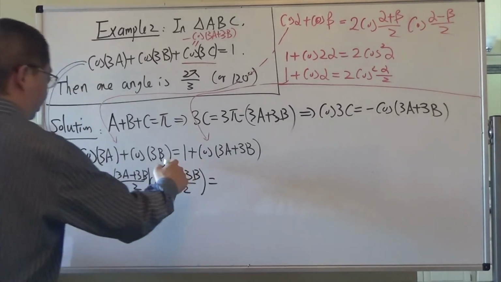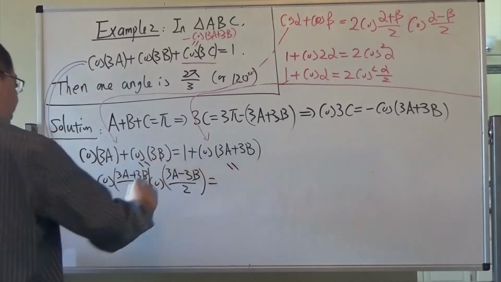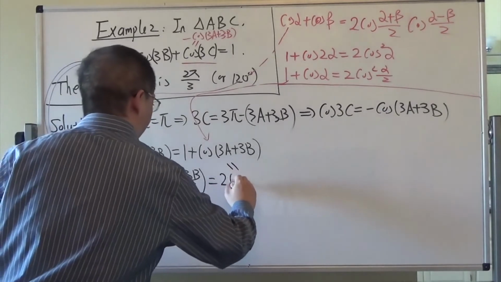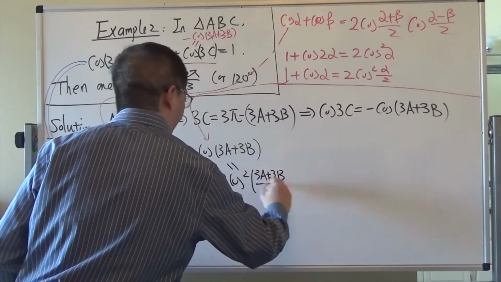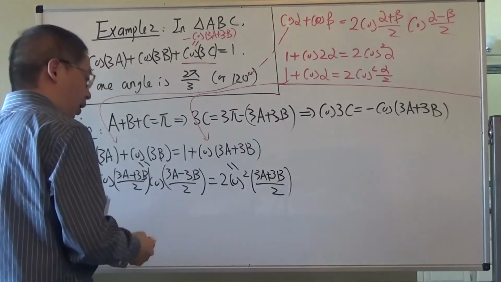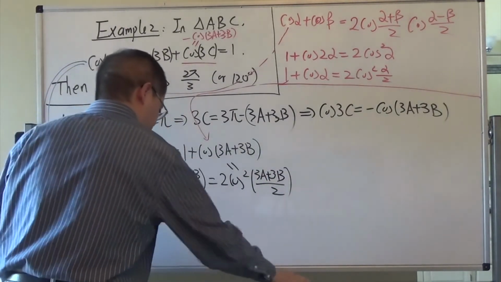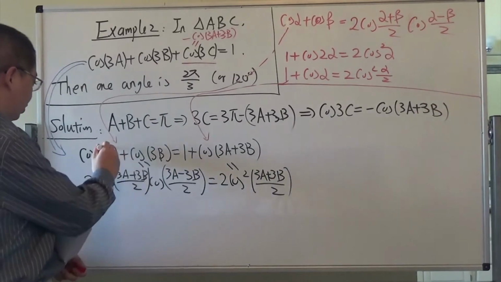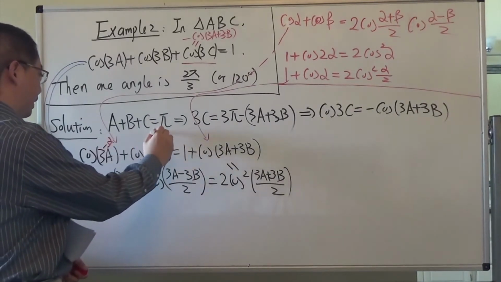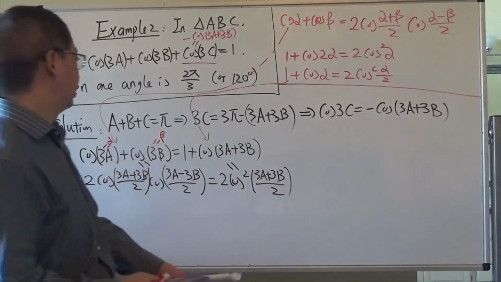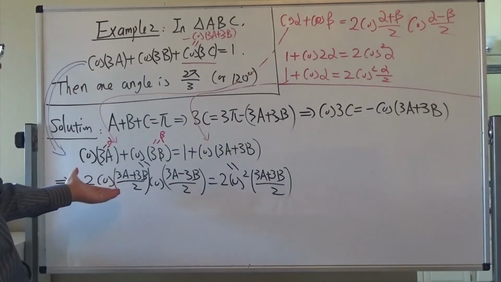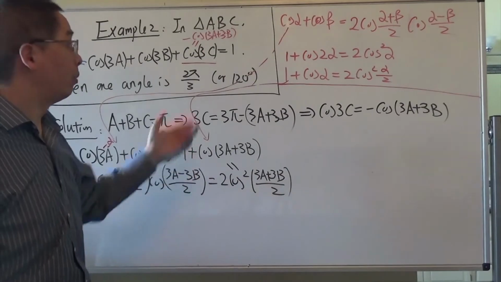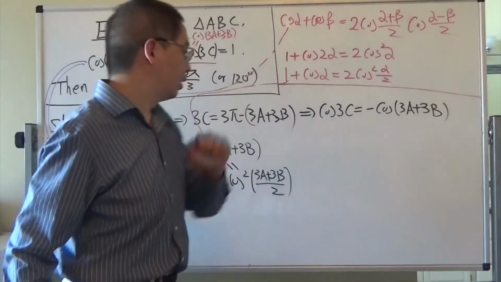This equals, okay, so this is equal to that, twice cosine squared of (3a plus 3b) over 2. Here we basically treat 3a as the alpha and this as the beta, and we just do the sum to product formula.